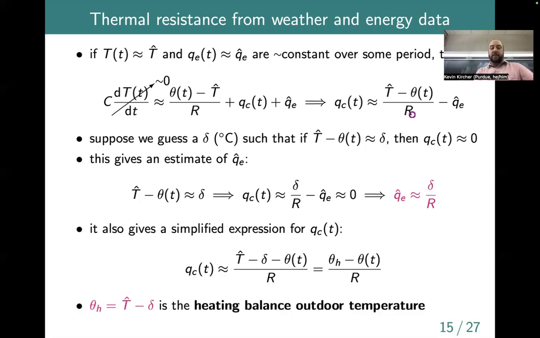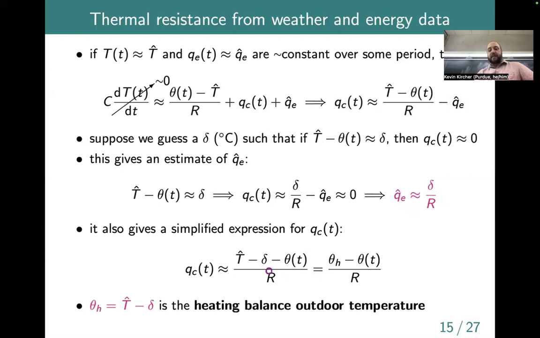So if you take this equation and we basically, let's see, solve this for delta here. Oh, I see. Okay, so we take this expression for QE and we plug it in up here. So we substitute in the delta divided by R in for this term in the QC equation.